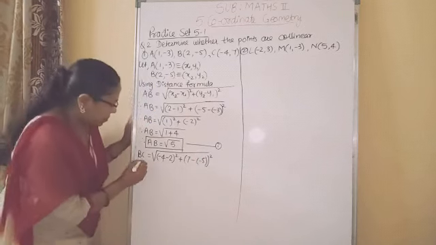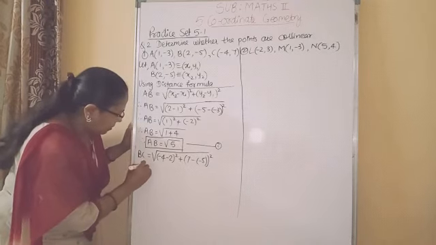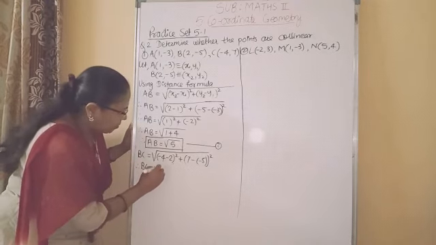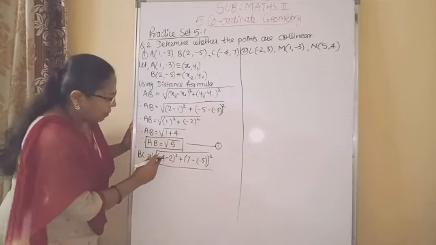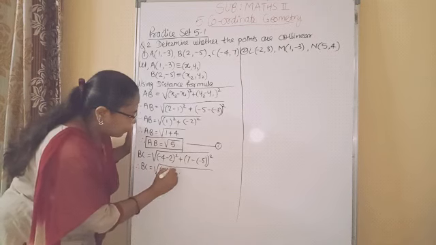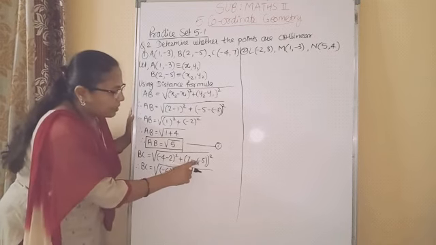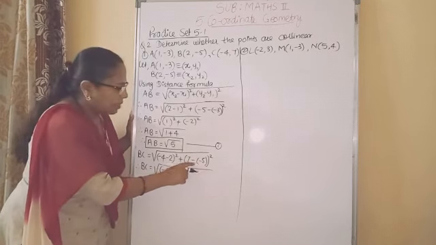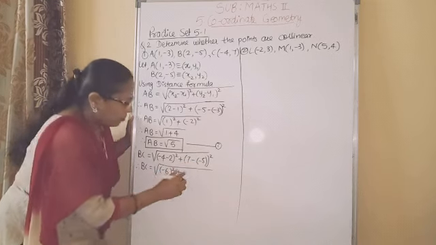Follow this? So therefore BC is equal to square root of (minus 4 minus 2), minus 6 square, plus minus into minus plus and 7 plus 5, 12.